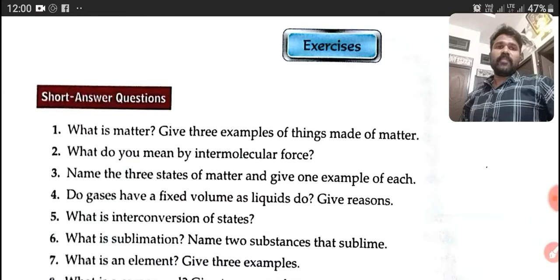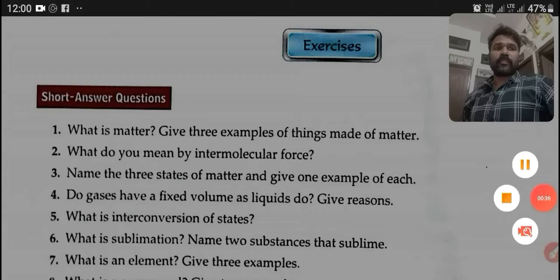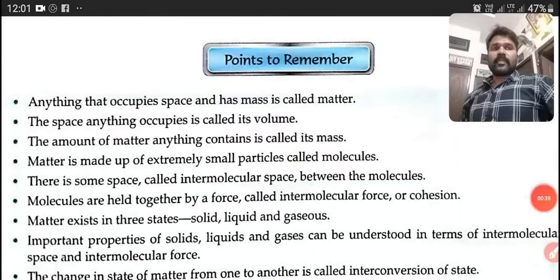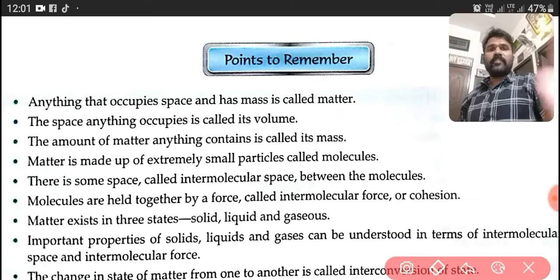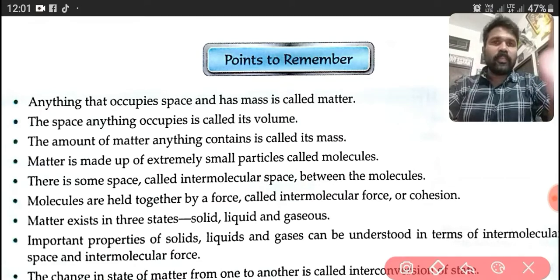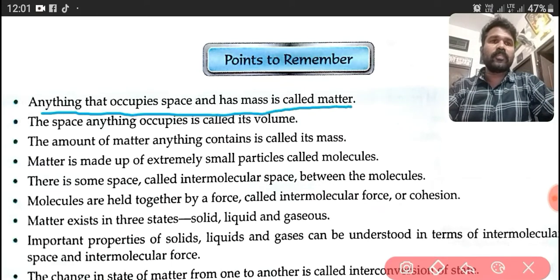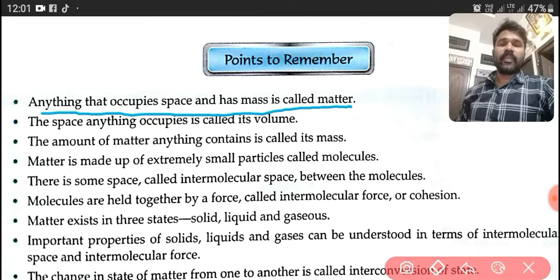Give 3 examples of things made of matter. The answer is given here in points to remember, page number 7. Please mark it. Anything that occupies space and has mass is called matter.